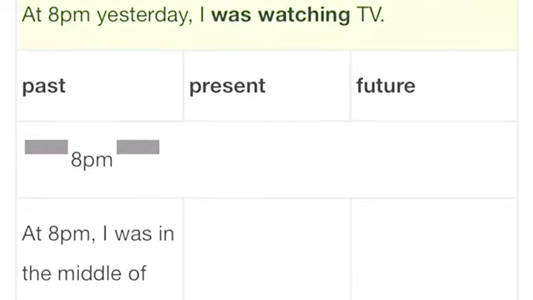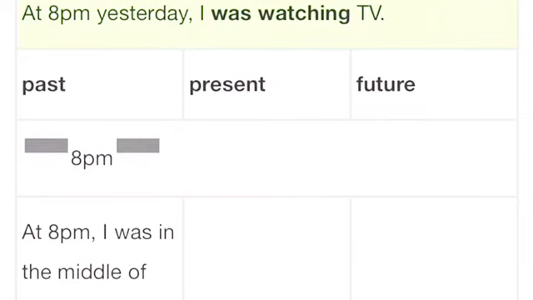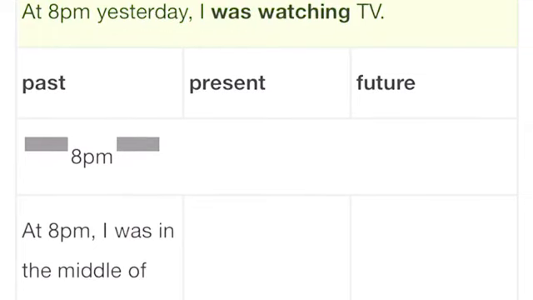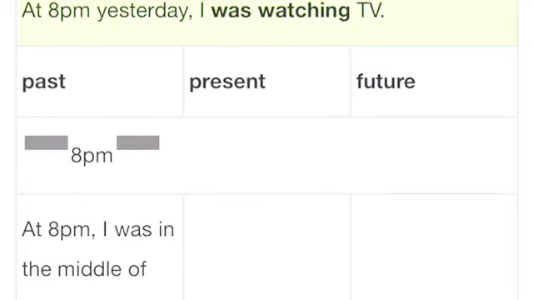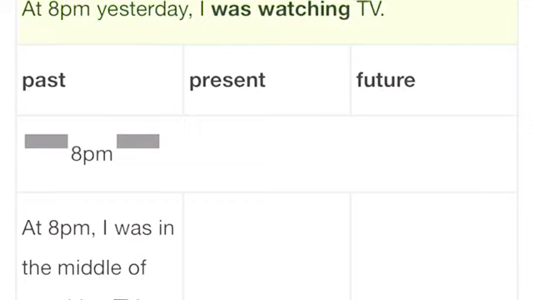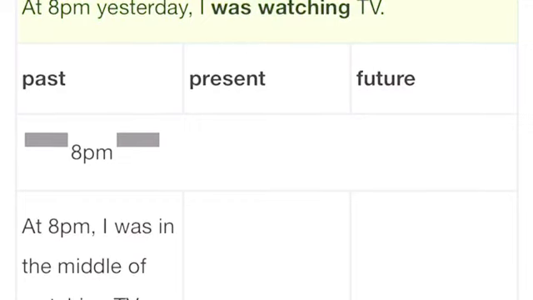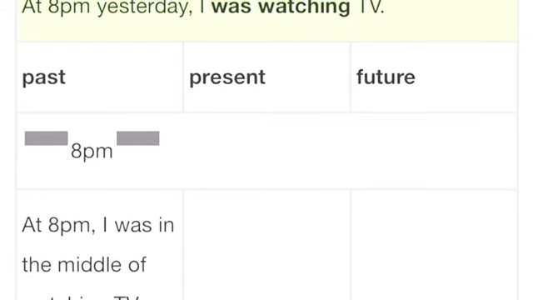You might be telling this to a person today, but the action states that you were watching television yesterday at 8 p.m. Got it? See, at 8 p.m. I was in the middle of watching TV somewhere yesterday. You might tell someone today, but the action states that you performed it yesterday.